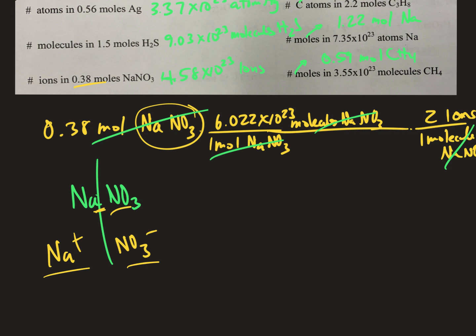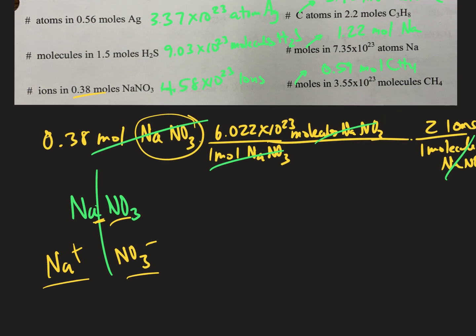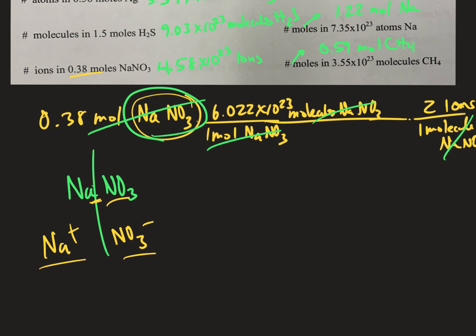But you see here, this is not an ion, so we have to break it up even further, right? So we got to know the names for the different types of substances. Good? Any other questions on this section?